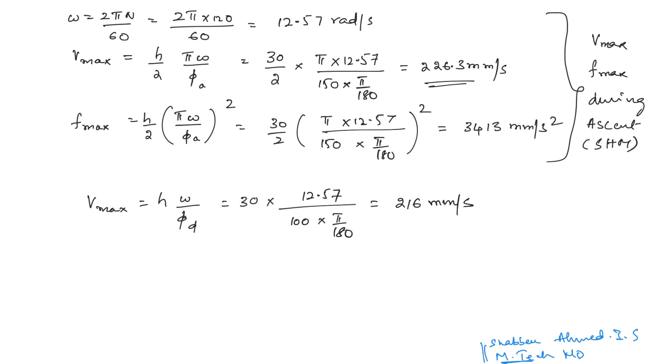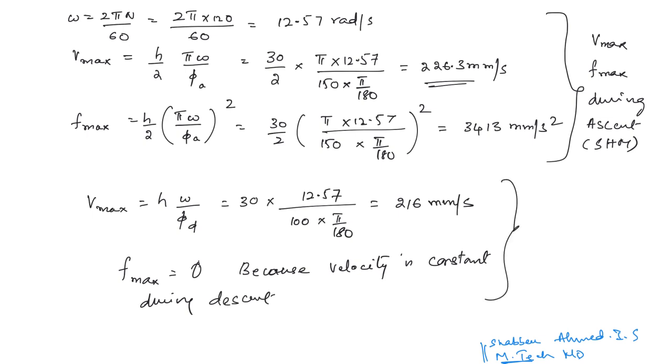Of course, we are using constant velocity descent, so Fmax is equal to 0 because the velocity is constant during descent.